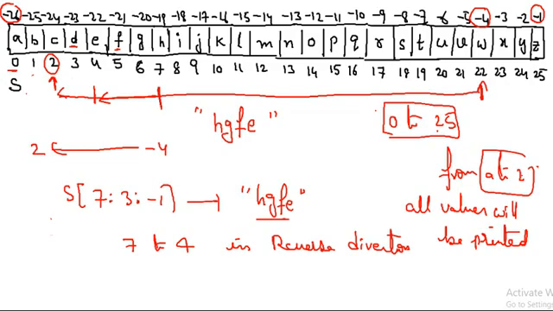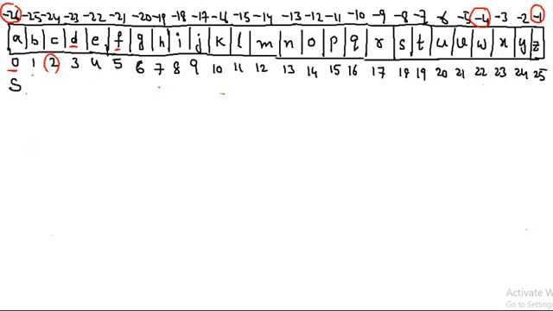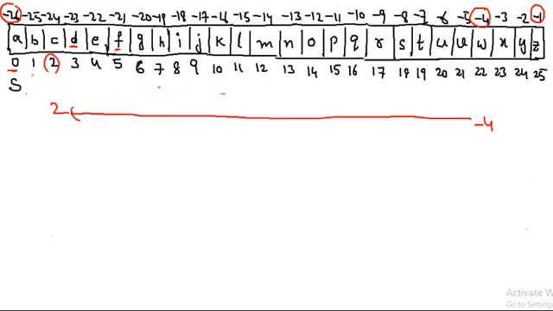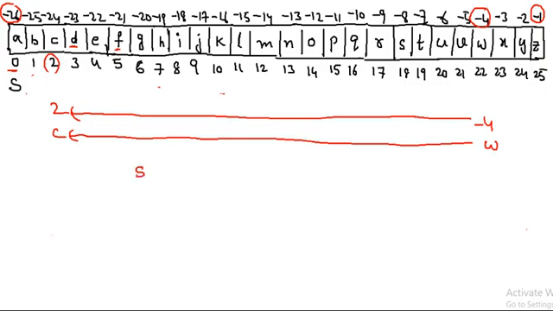Your minus 4 is here, your 2 is here. The value at index minus 4 is W, and the value at index 2 is C. So all the values from W to C will be printed in the reverse order. That is the answer.